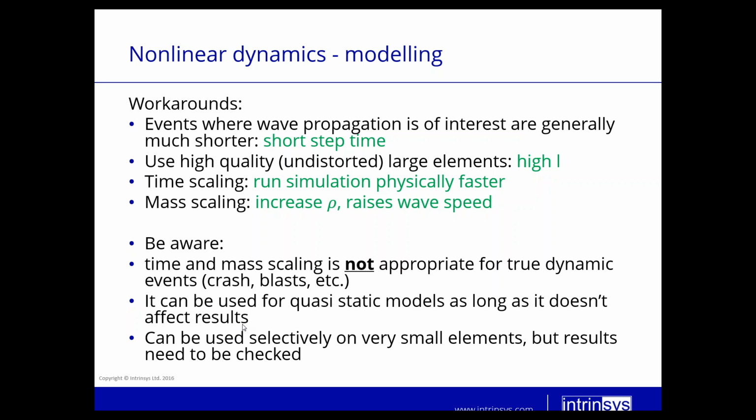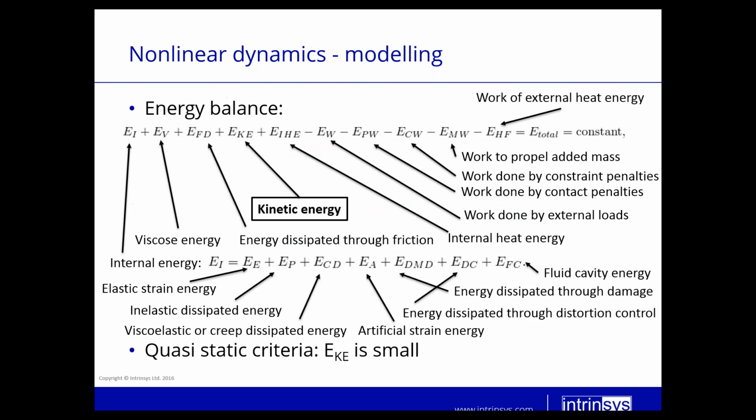Also, where you can use it is if you have only a few little elements, maybe a few isolated little elements that would spoil the critical time for the whole analysis, then you can choose to just selectively scale those elements, in which case, again, once you get your result, you would have to double check that you haven't introduced anything into your simulation that would change your result.